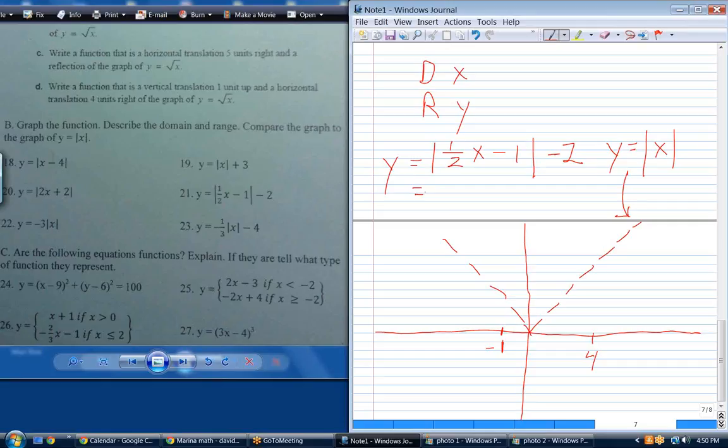I don't necessarily have to get it outside the absolute value. I can factor it like this, inside the absolute value. Let's do it that way. I think it'll become a little clearer to you. And this has to be 2. You see where that's the same thing?